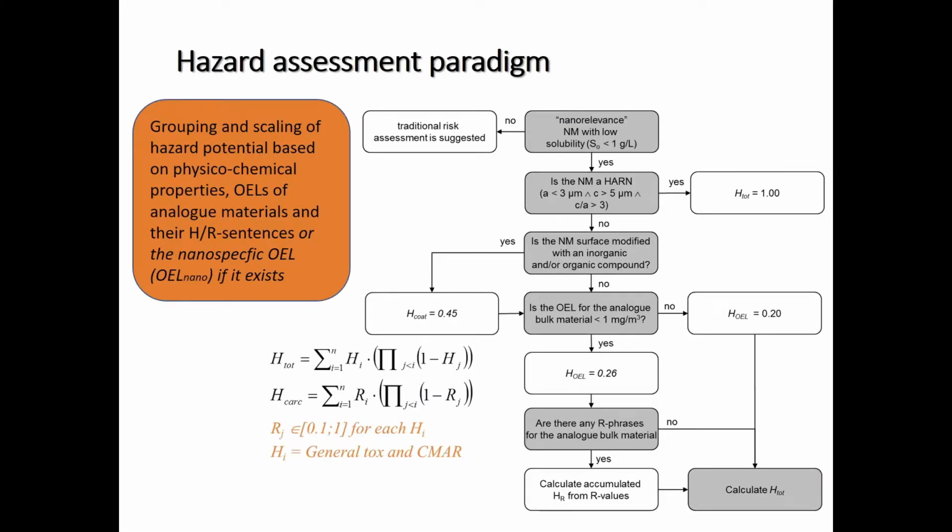So the hazard assessment paradigm follows pretty much the same conceptual idea as Stoff Manager. The overall idea is that you group and scale the hazard potential based on physicochemical properties, the occupational exposure limits of the analog bulk materials if there's no nano-specific data, and the hazard or risk sensitiveness of the bulk material or the nano-specific occupational exposure limit.